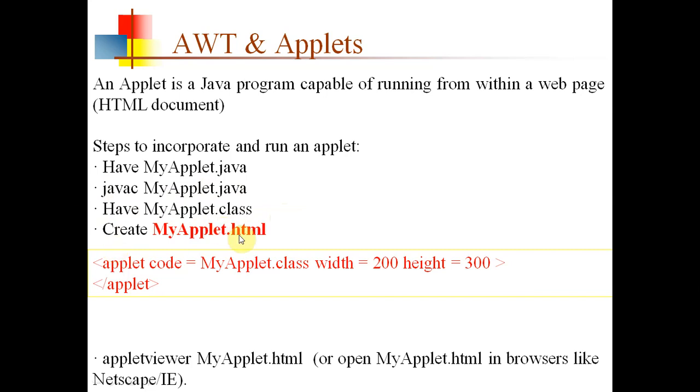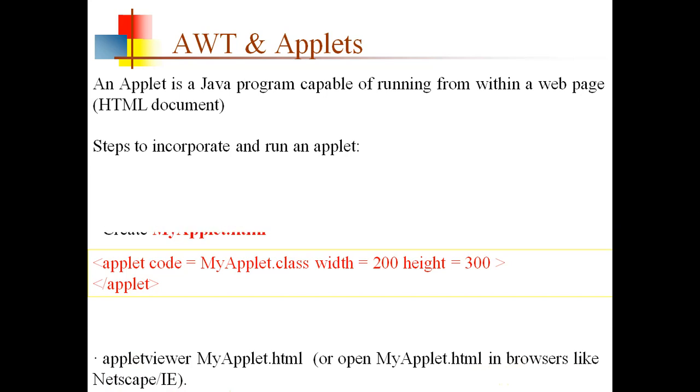Then we have to create myapplet.html, and inside this we will write applet code myapplet.class and its dimensions. Then we close the applet, and through appletviewer or on a web page we can execute this applet program: appletviewer myapplet.html, or open myapplet.html in a browser like Netscape or Internet Explorer or any other browser which supports the applet.